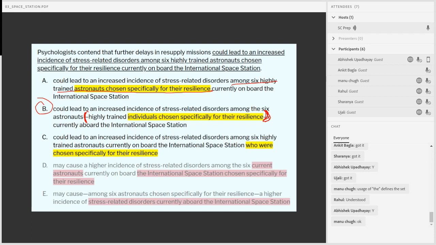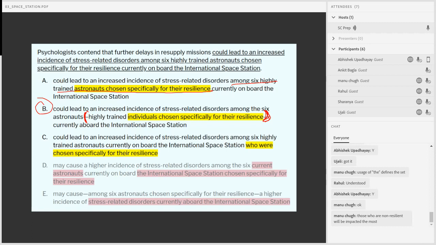You would expect the non-resilient ones. And finally, we would expect all astronauts to generally be resilient. We would not expect some astronauts to be chosen for resilience and other ones not to have resilience. We would expect all of them to be highly trained, all of them to be resilient. All these 3 things put together give us a solid meaning call to choose option B for Bravo.